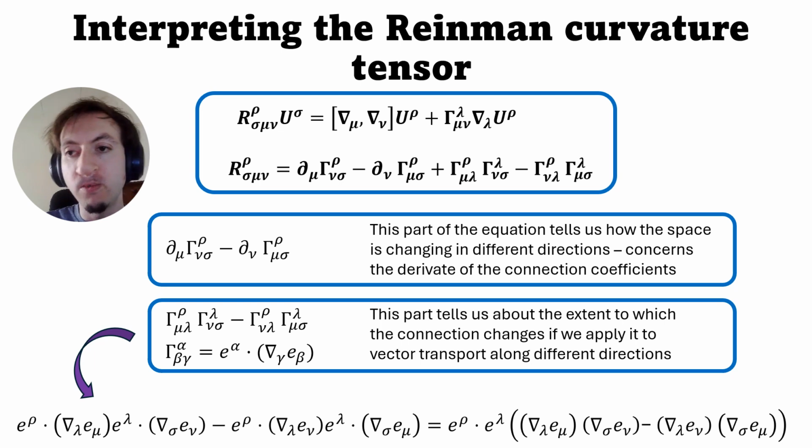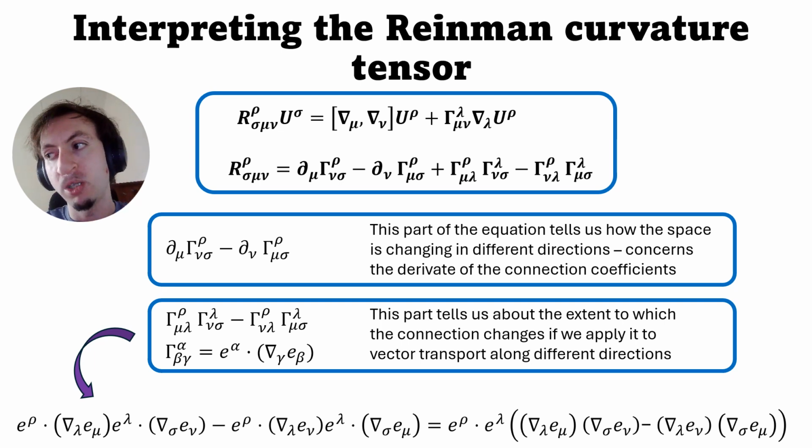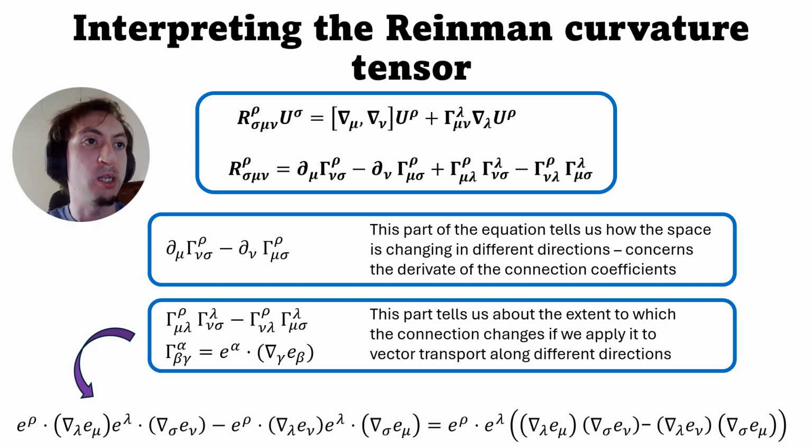And so, yeah, we're essentially looking at something involving multiplying the change in one direction by the change in the other, and then subtracting that from that situation reversed.